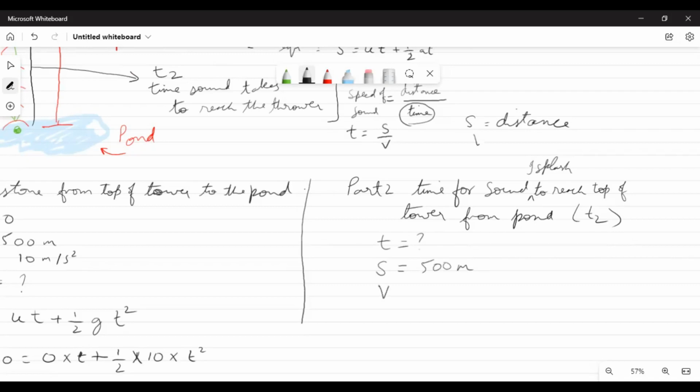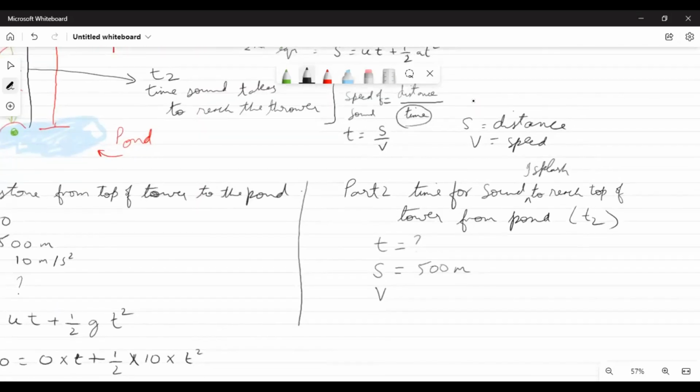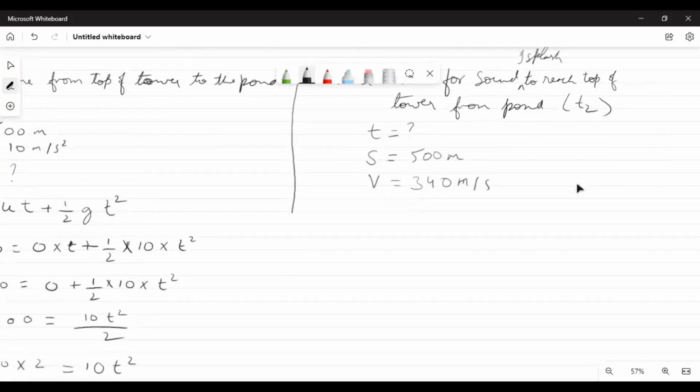Speed, v here, is the speed of sound. It is given to us in the question. We can see what is given to us. It is 340 meters per second. So v is equal to 340 meters per second. So already we know speed is equal to distance upon time. So time will be equal to distance upon speed.